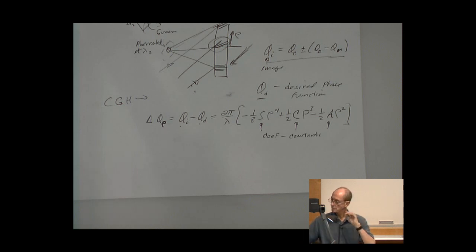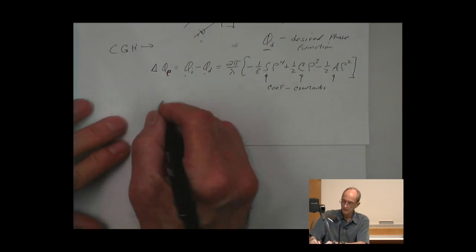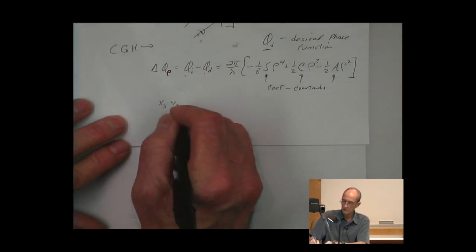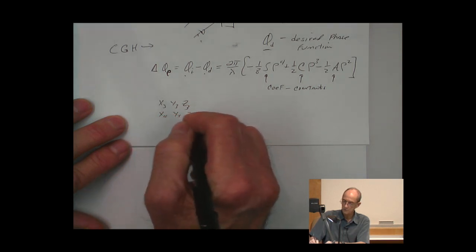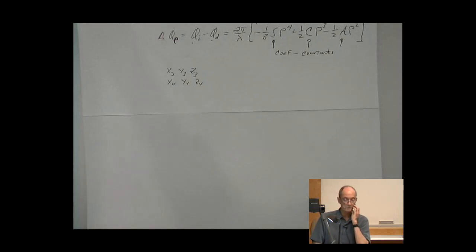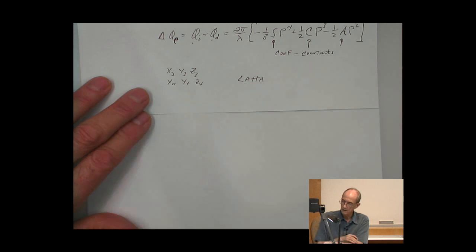All right, so in order to do this more easily, I mentioned, when we first derived the paraxial relations for the holographic imagery, where we had x3, y3, z3, and x4, y4, z4, that there's another formulation for the ray tracing that was put forth first by a guy named Latta.